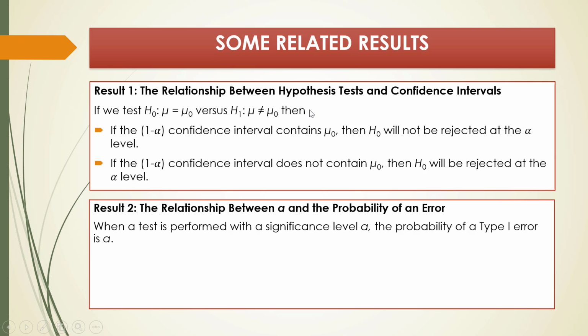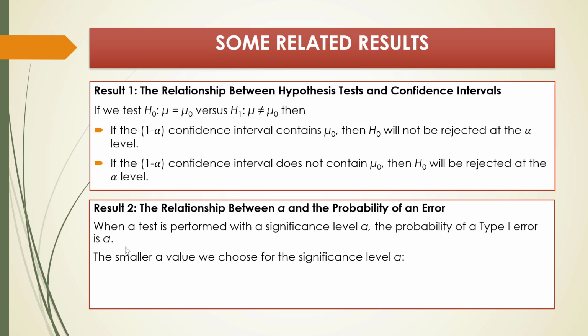For the z-test, we assume that the null hypothesis is true, and we find evidence to either reject or support it. So if we reject the null hypothesis when H naught is true, that is the probability of type 1 error. So alpha is the probability of type 1 error.